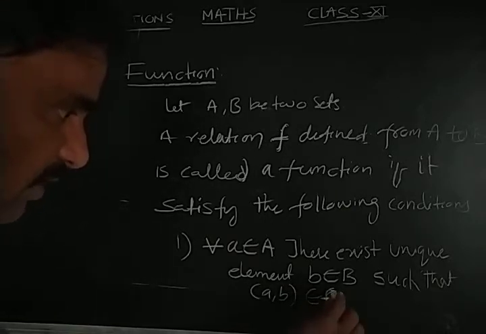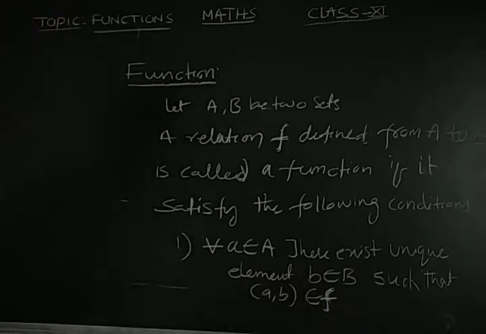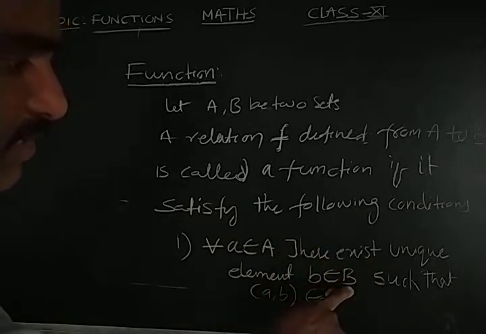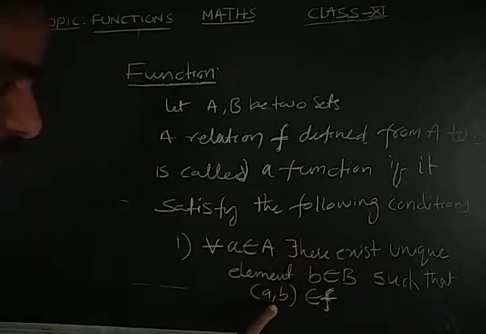F is one type of relation defined from A to B. If you have any element in A, there should be another element in B such that b is the image of a. A should be related with b. b is a unique element.